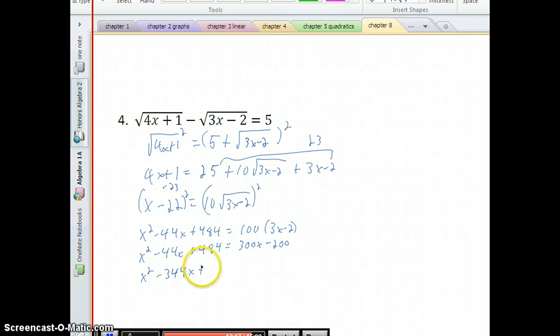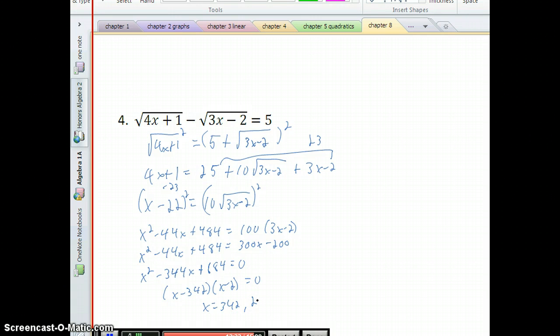We add 44x, and I'd bet you it's going to factor x minus 342 times x minus 2, just like the last one. So x is 342 or 2.